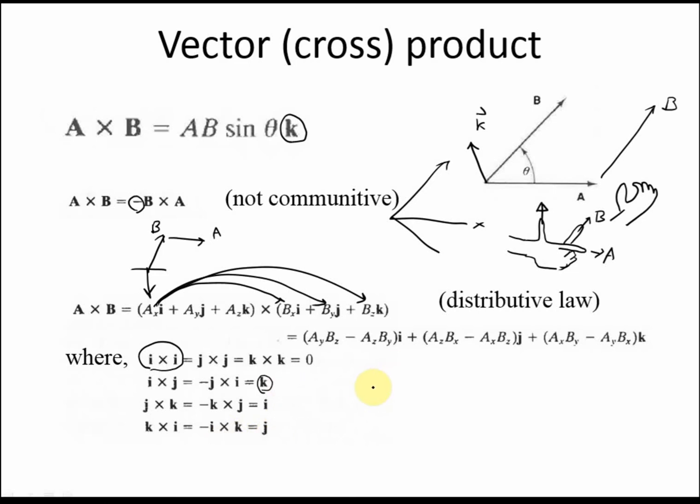So you have to understand the result of the unit vector cross products to get these final equations for the cross product. Okay. So you just follow the right hand rule for i, j, k.